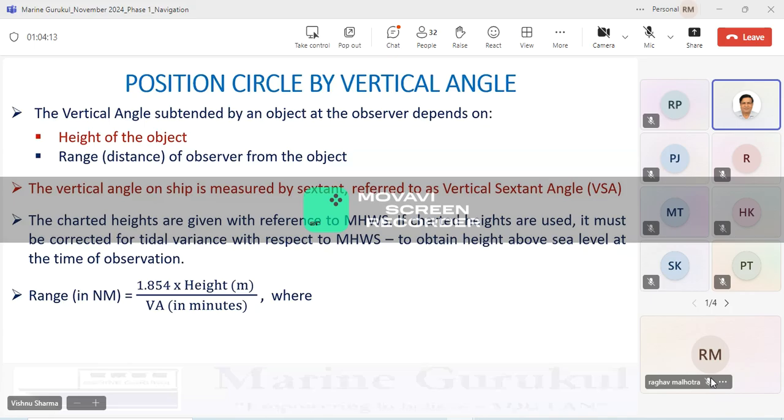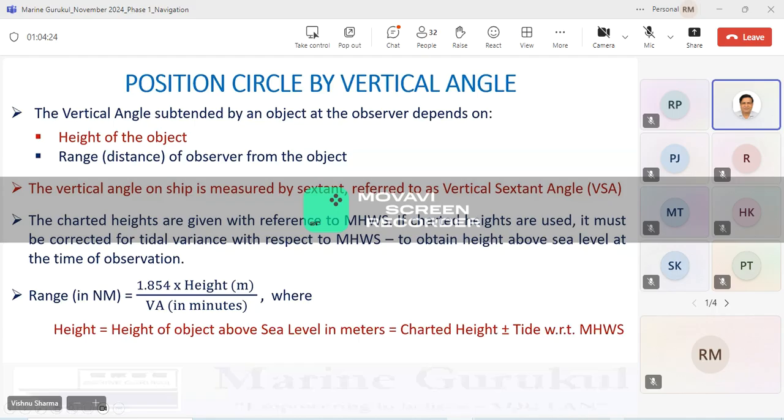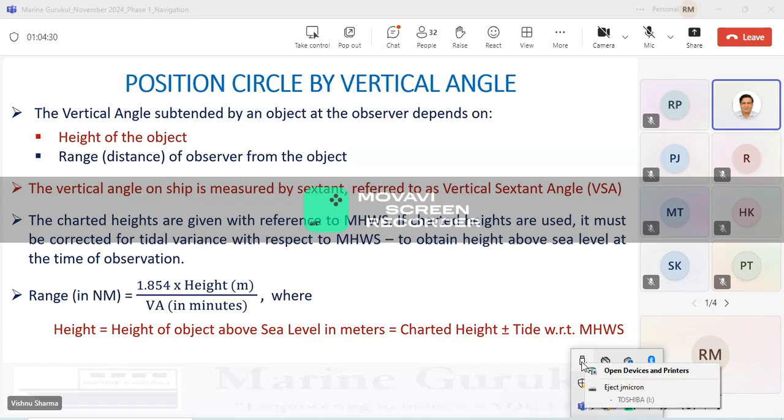This 1.854 or 1.856 stands good only if height is taken in meters and vertical angle in minutes, where height is the height of the object above the sea level at that time, which will be charted height plus or minus the correction for the tidal variance from which reference? From mean high water spring. Why? Because the charted heights are given with reference to mean high water spring.